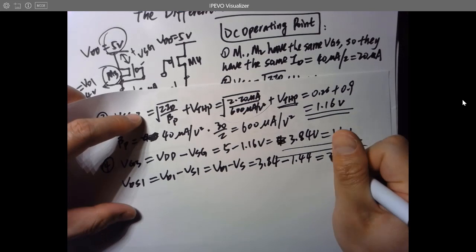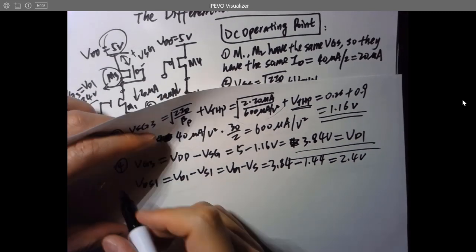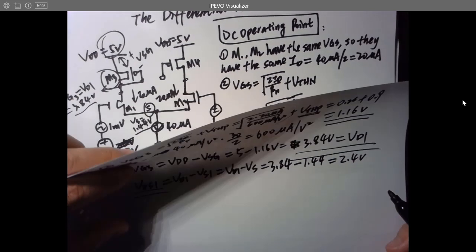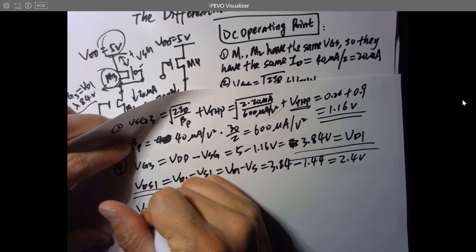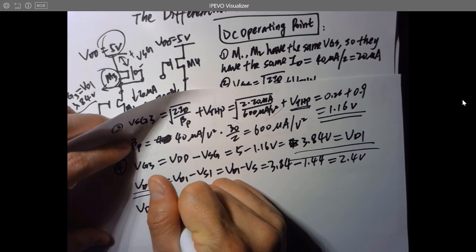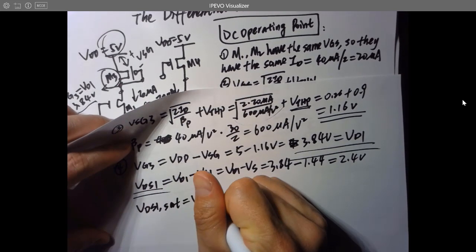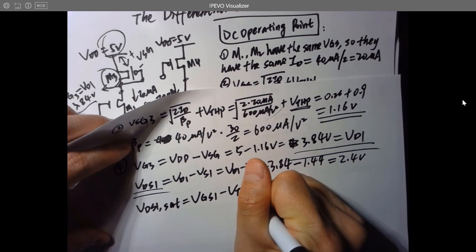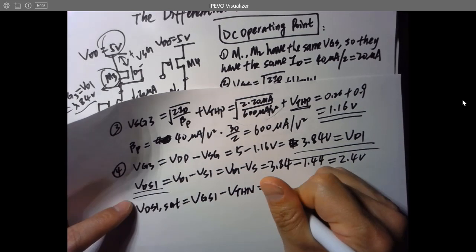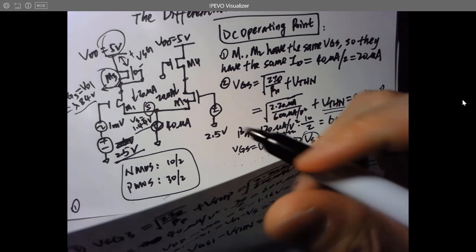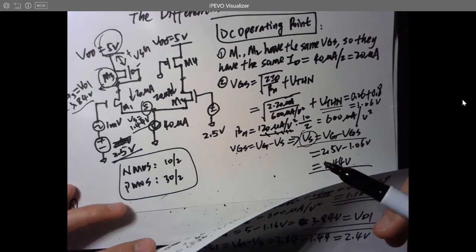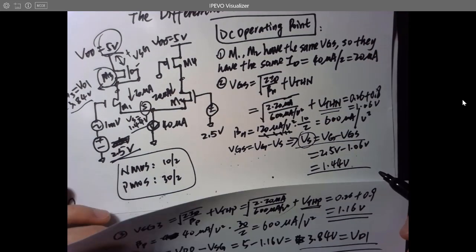So totally this is 2.4 volts, right? So that's VDS for M1. So what is VDS1 sat? Equals VGS1 minus VTHN, which is 2. What is VGS? VGS is 1.44 volts.